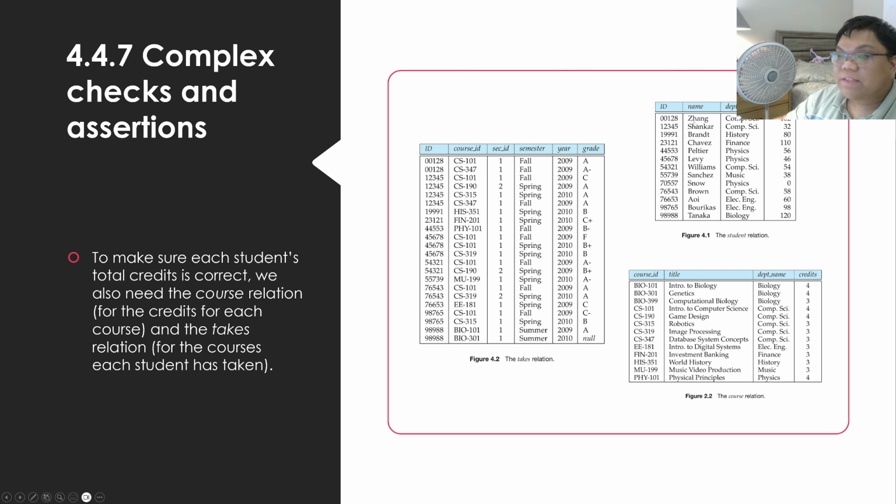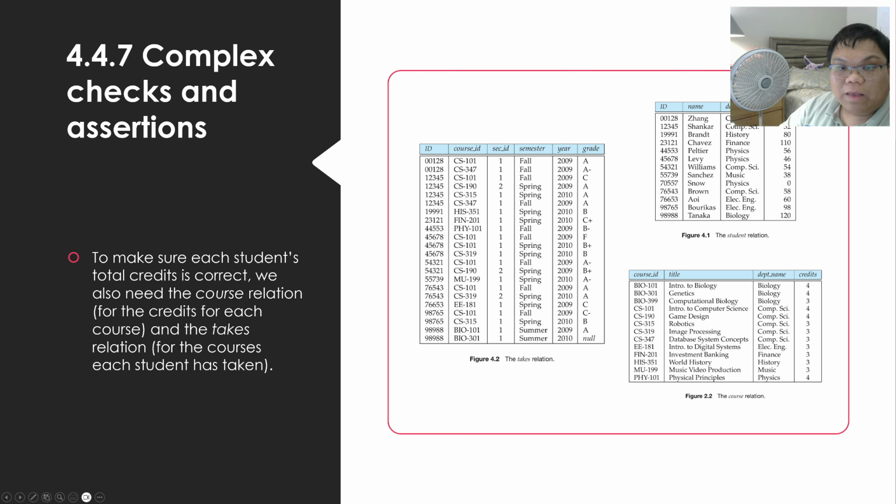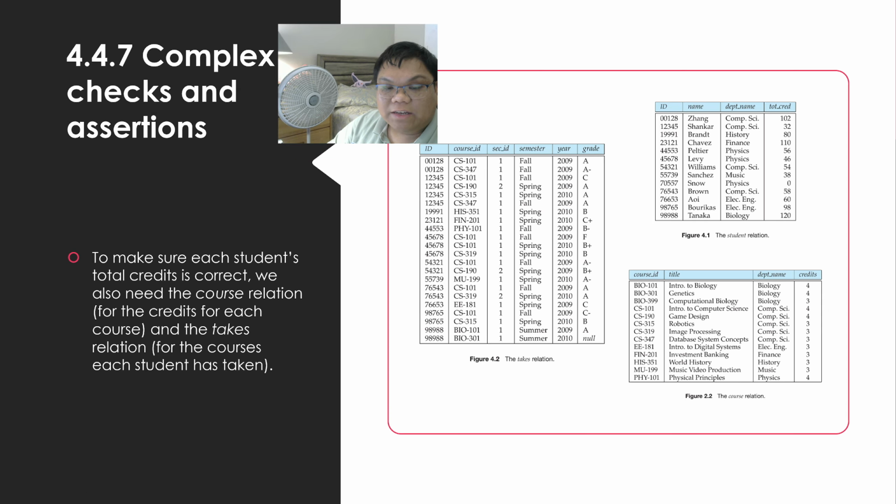So, say we have a student and we want to make sure that their total credits matches what it says in the student relation. What we can do is look up a student's ID, look up every course that student has ever taken, look up the corresponding credits for each course, and assuming the student has passed those classes, add up all those credit totals and compare it with the one in the student relation.